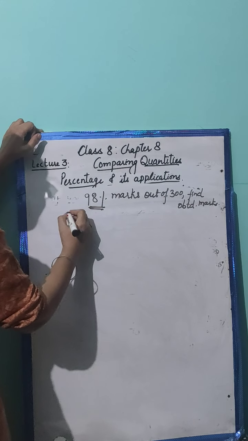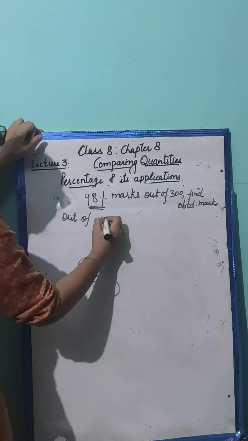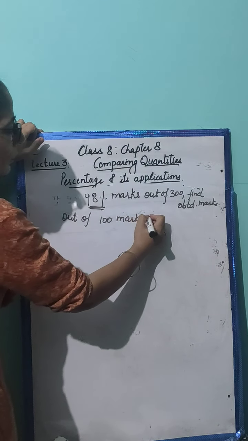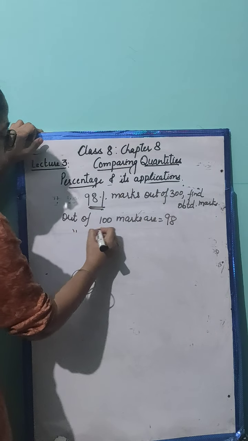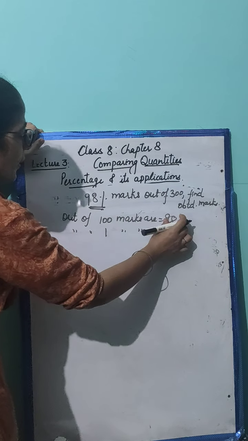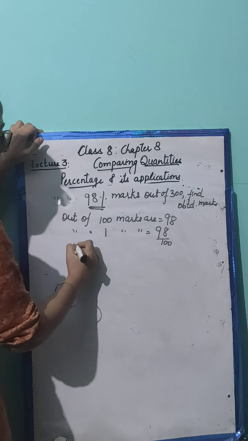98% का मतलब है out of 100, marks are 98. Out of 1, marks are 98 upon 100.